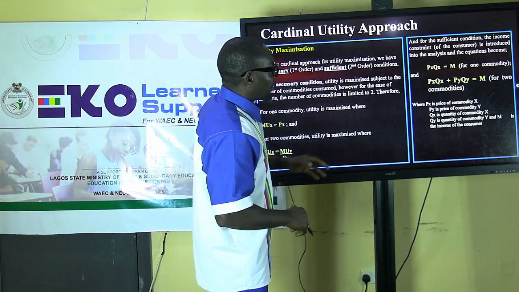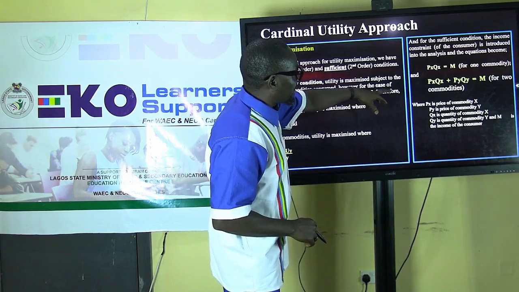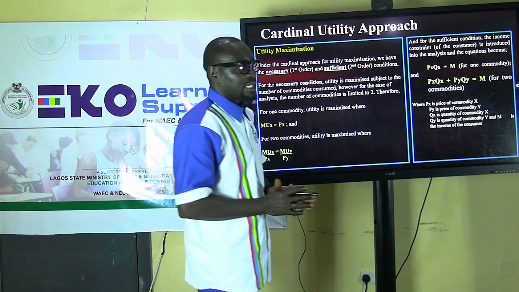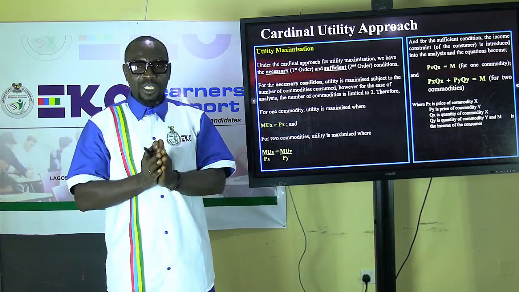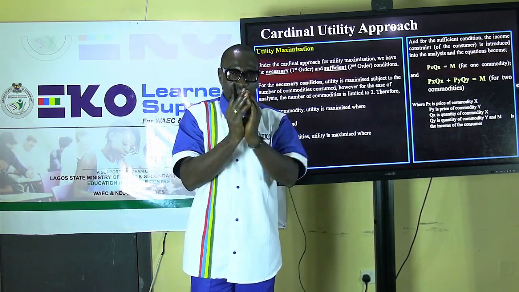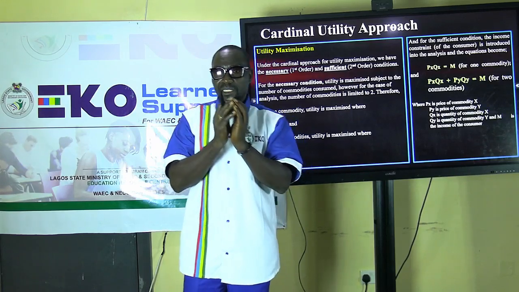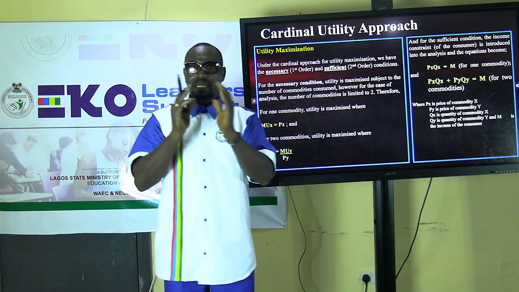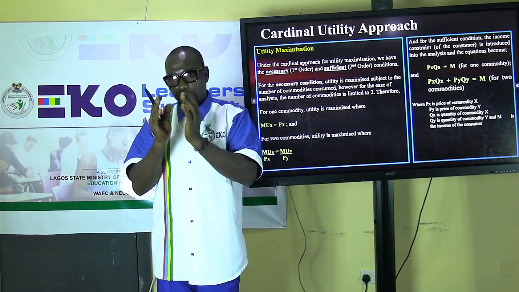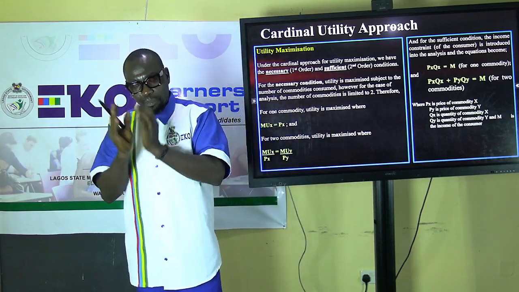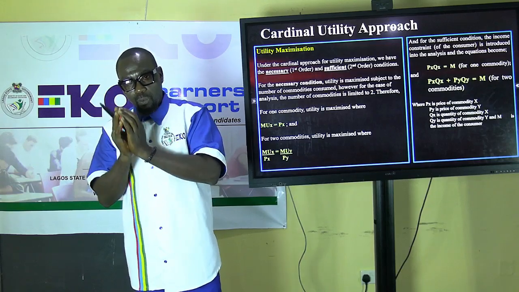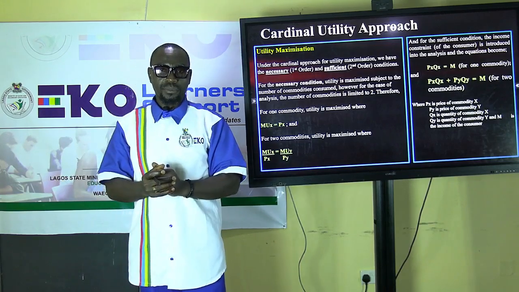And for a two commodity case, the product of the price and quantity of commodity A, in this case commodity X, plus the product of the price and quantity of commodity Y is equal to the income.